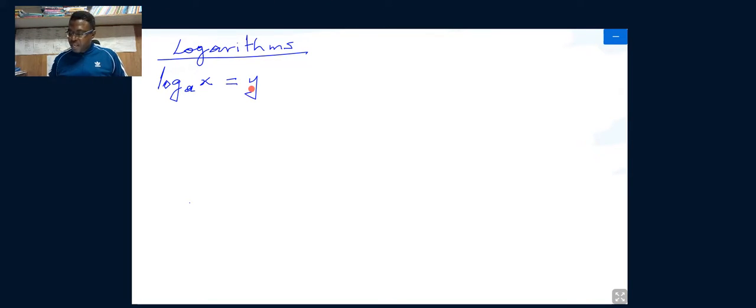We have already done exponents. And in exponents, we know that we have a base a with an exponent y equal to x.